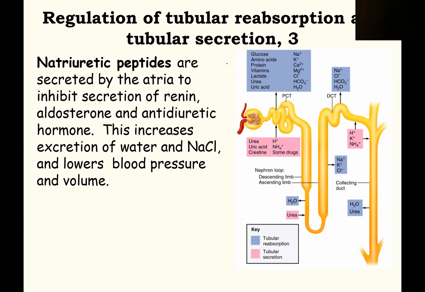Natriuretic peptides. Natriuretic peptides come out of the atria in the heart. They have several actions. They're going to inhibit the secretion of renin, aldosterone, and antidiuretic hormone. So what this is going to do is help us to get rid of or excrete water and sodium chloride, which also lowers the blood pressure and lowers the blood volume.